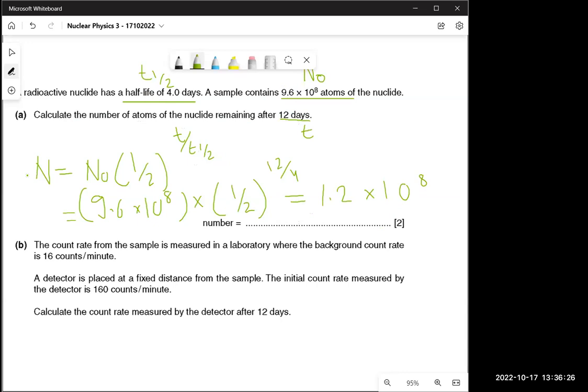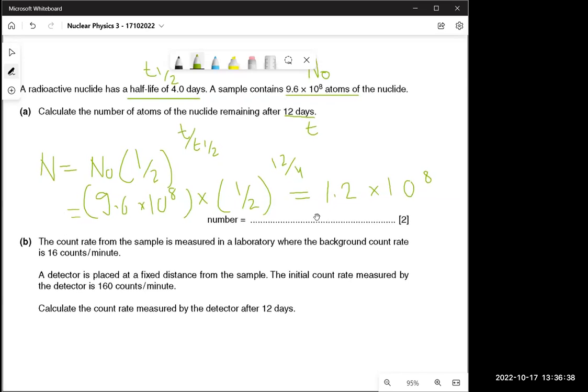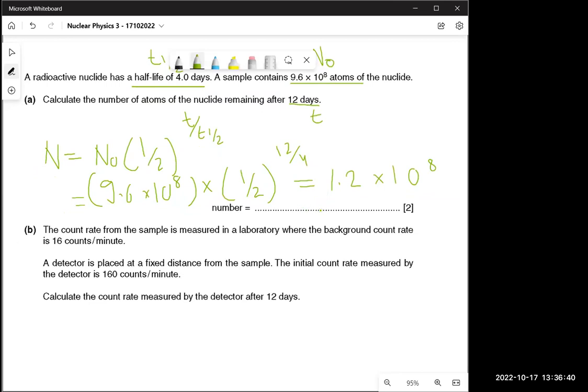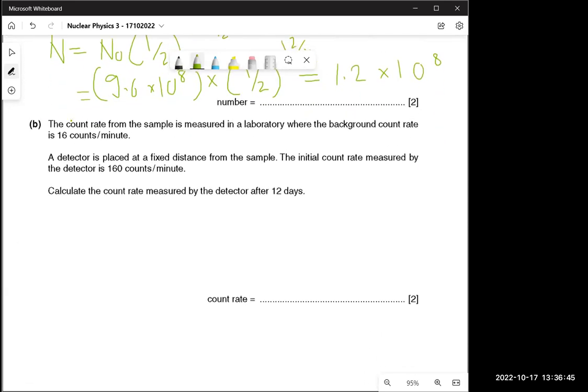N is the number of particles we're trying to find. The 0 basically means the original, so we call it N naught. Any questions? No, sir. Now next question. Another question. Anas, read the question.